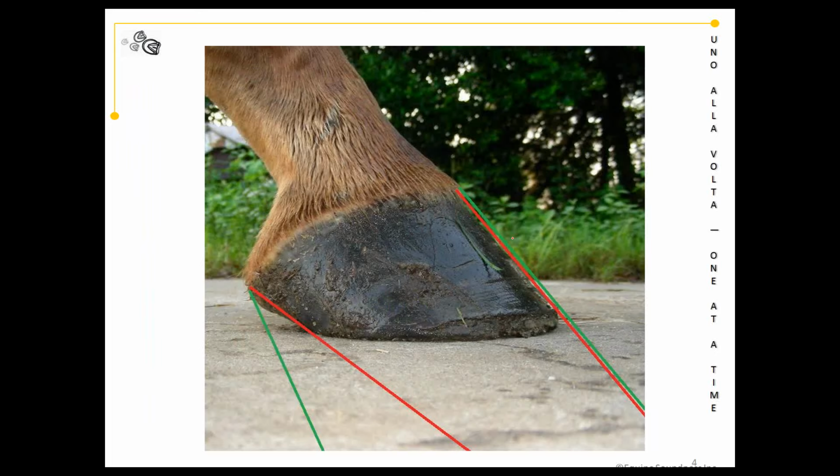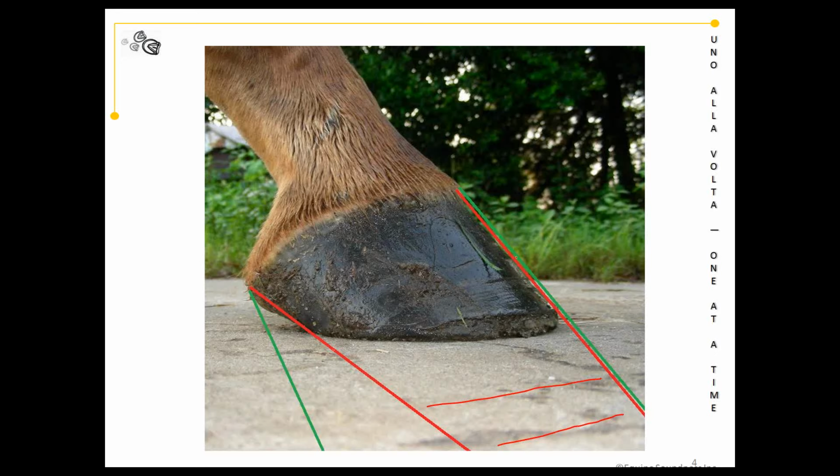The third contraction is underslung heel contraction. When the heels are underslung, that means that they are not standing upright enough to support the back of the hoof. And when you draw a line along the toe line and then draw a line along the heel line, and these two lines are converging, that means they get more and more narrow here, then you are dealing with an underslung heel.